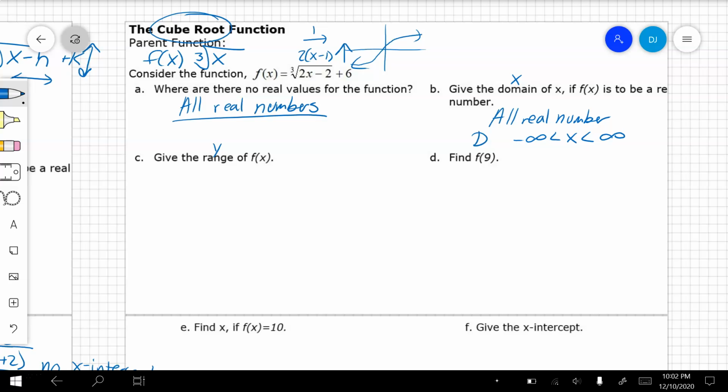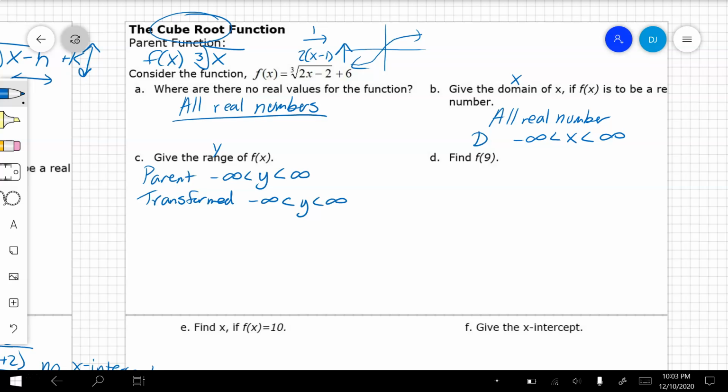So when we give the range on our parent function, and this is for parent and transformed over here for D, it's going to be negative infinity to positive infinity. Same thing with our transformed: negative infinity to positive infinity.